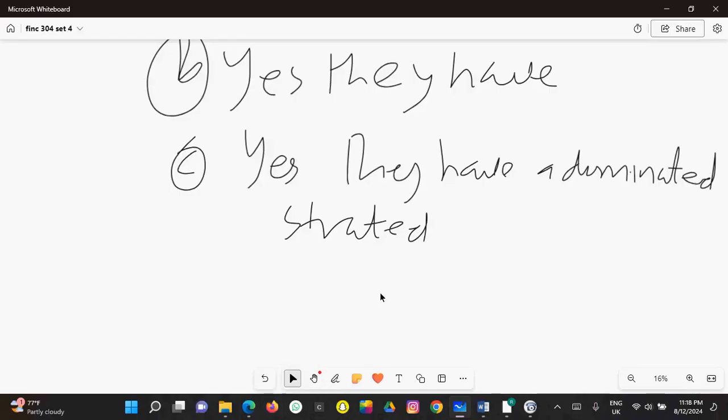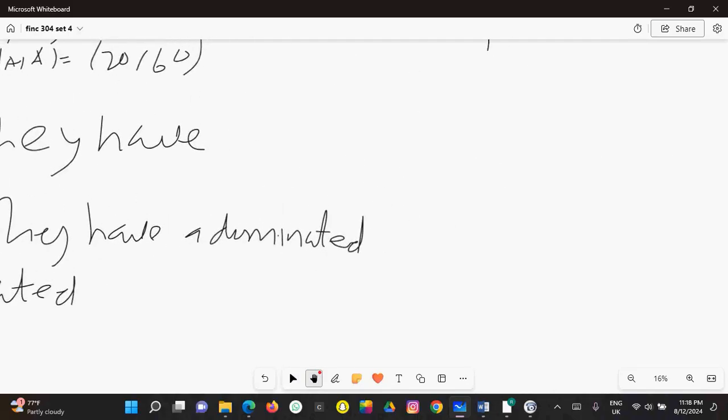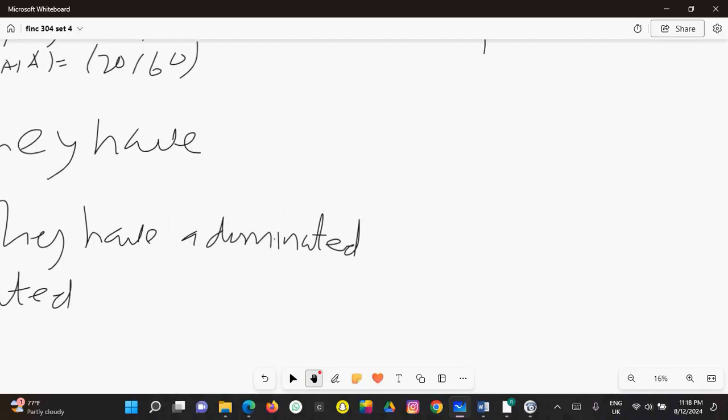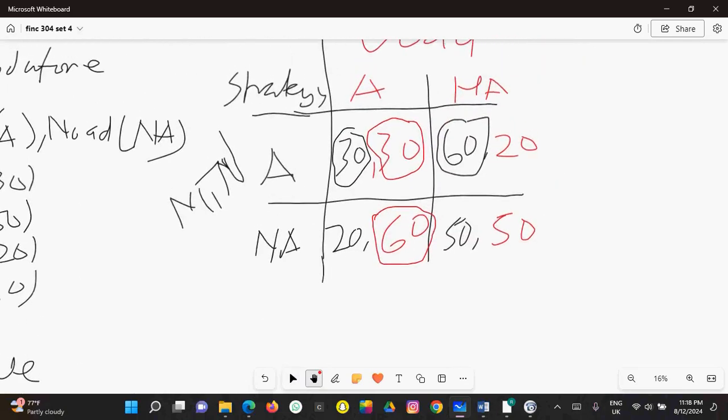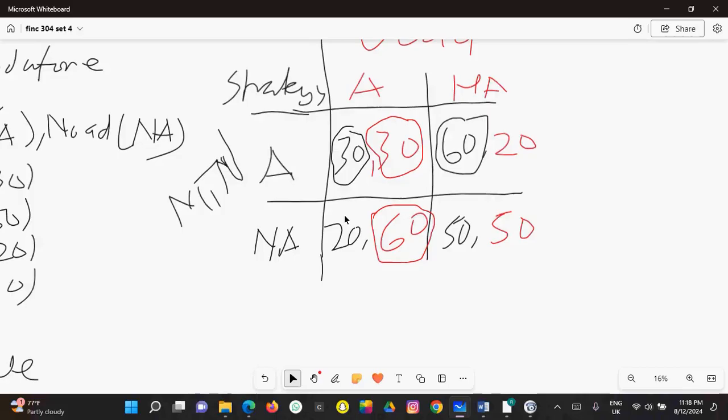Check in here. So when they choose no advertisements, when MTN decides to choose no advertisements, 30 is bigger than this 20, and then 50 is still bigger than this one.